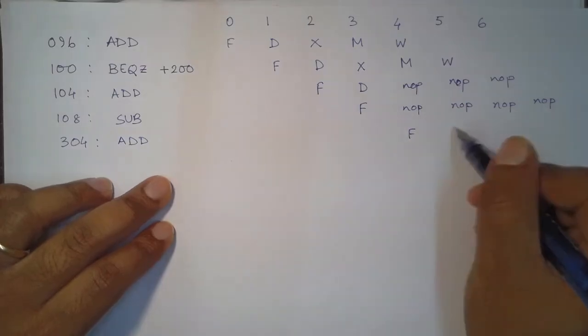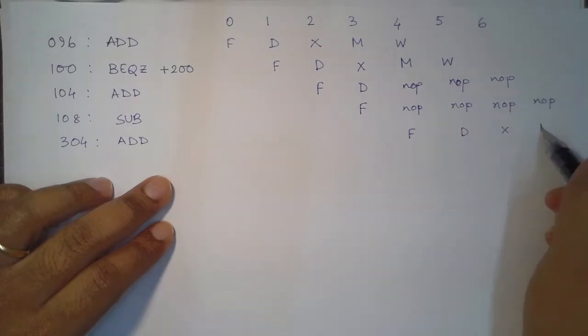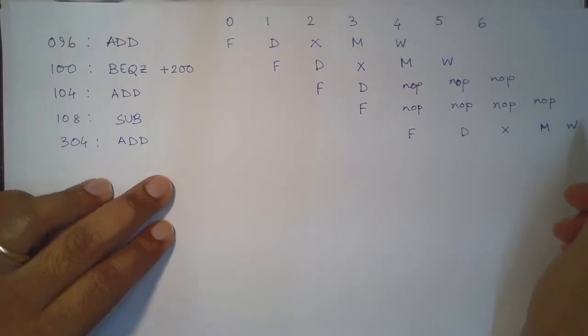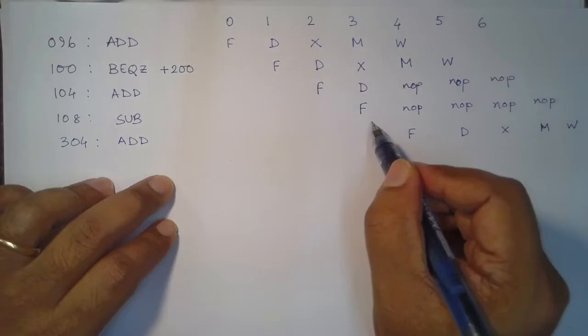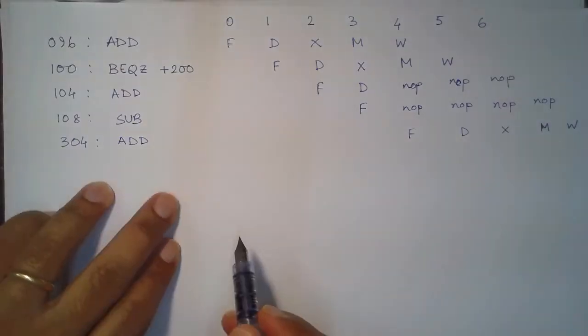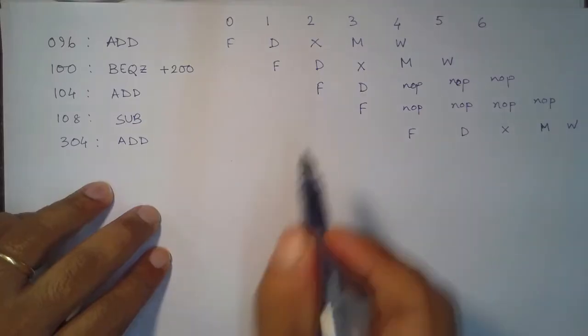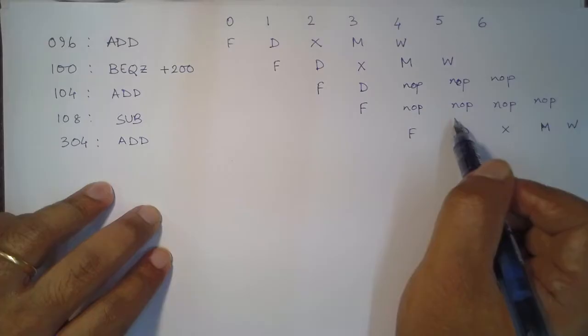Then it will go into fetch, decode, execute, memory and write back. Alright. Now you see that two instructions needed to be killed because they were speculatively fetched, and we realized later on that we were not supposed to fetch them, decode them and execute them. That is why they were killed.